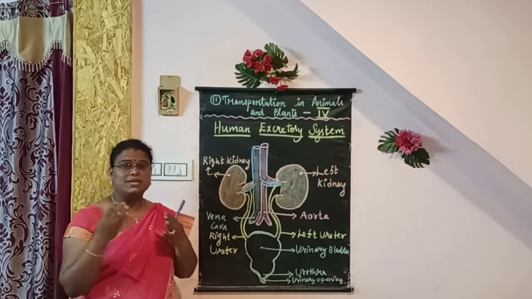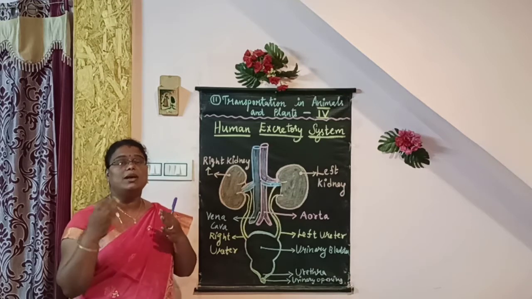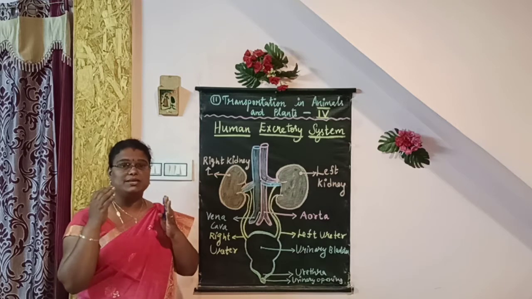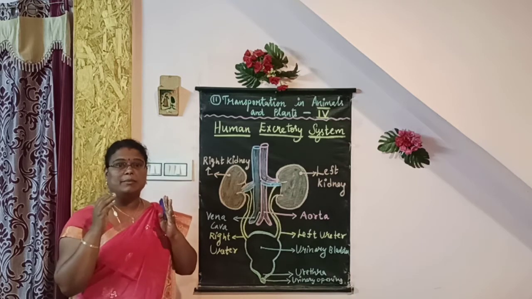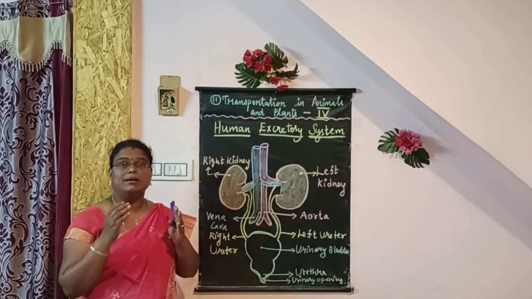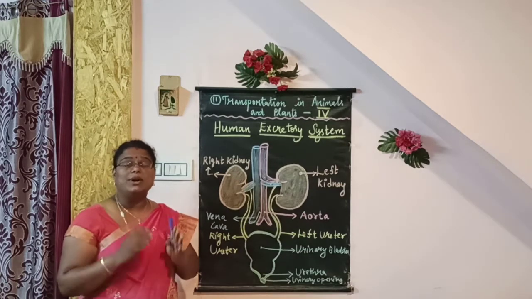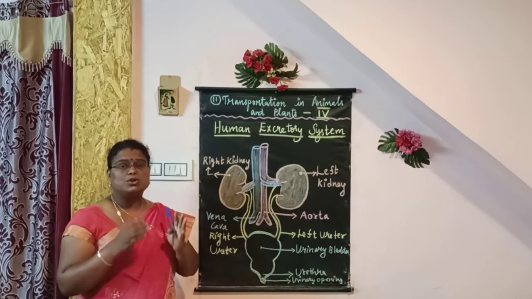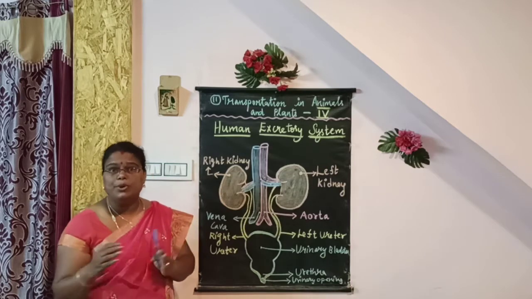Impure toxic substances like urea come out of the cell, and are mainly collected by the blood. Now the blood is called impure blood because it consists of toxic substances. So it should be purified.